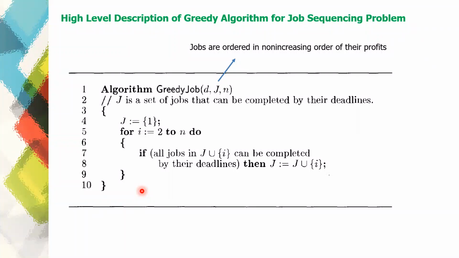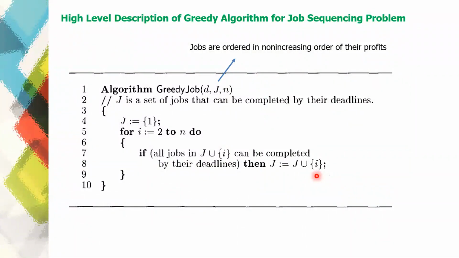Now, if I drop down into the details, how can I find that after including i into the current solution, the solution is still feasible or not? That's the first challenge. Then the second challenge: if I decide that the ith job is included into the solution, into which time unit I have to place this i. That also has to be decided.